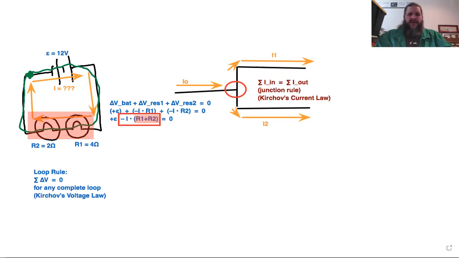So any resistors in series, the total resistance, or sometimes called the equivalent resistance or effective resistance, is just all the resistances added together. R1 plus R2 plus R3 plus and so on up to R sub n, where you have n resistors. In this case, just 2. Any questions on resistors in series so far?